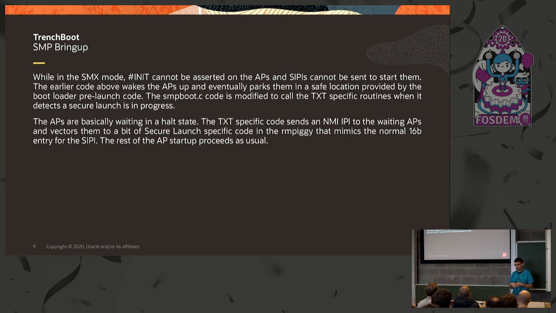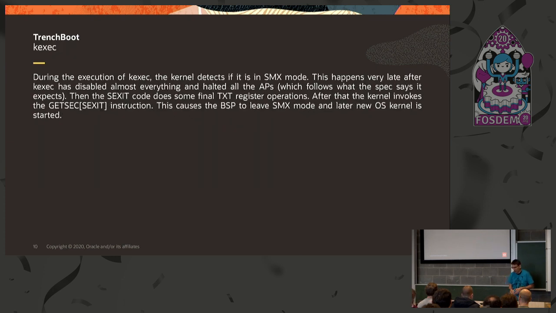We also considered a busy loop, but I think it is better to just stop them in a halt state. Then in the SMP bring up code, these APs get an NMI IPI from the BSP, and later initialization happens as normal.